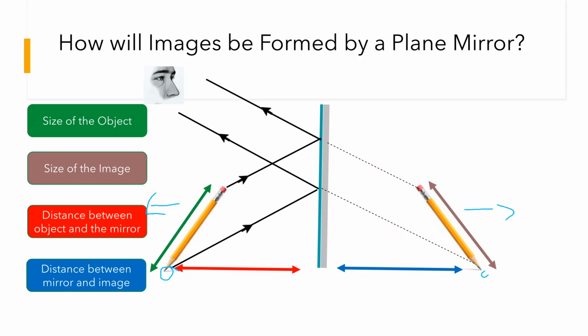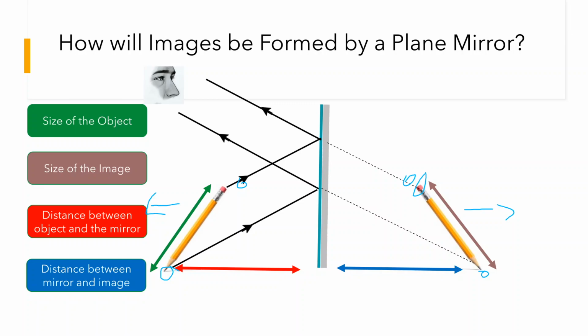And the eraser was to my right, but here it is to my left. It's not upside down, but it's like the left became the right and the right became the left.